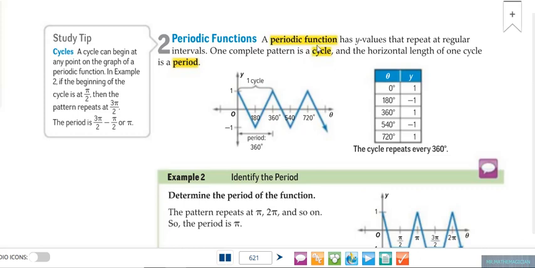A periodic function has y values that repeat at regular intervals. One complete pattern is a cycle, and the horizontal length of one cycle is a period.